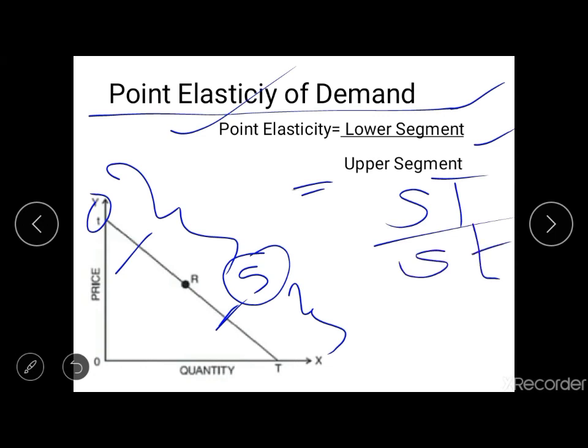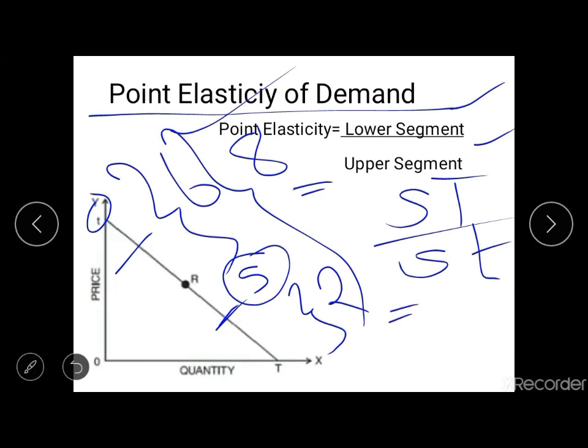Now let's say that the whole demand curve is 8 centimeters in length, the lower segment is 2 centimeters and the upper segment is 6 centimeters. Your point elasticity at point S would be 2 divided by 6, that is 0.33.